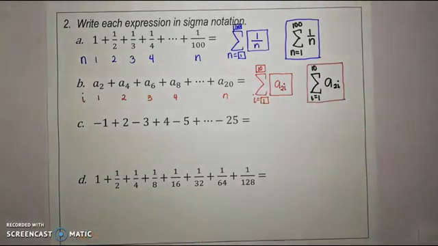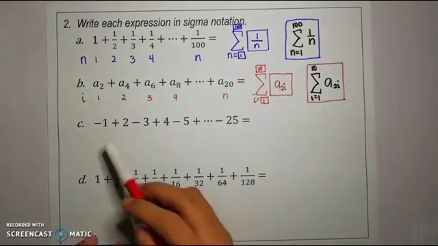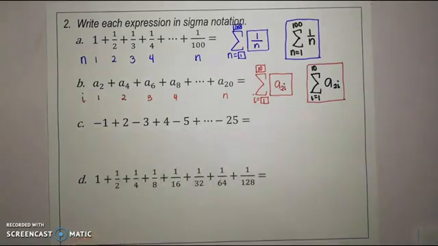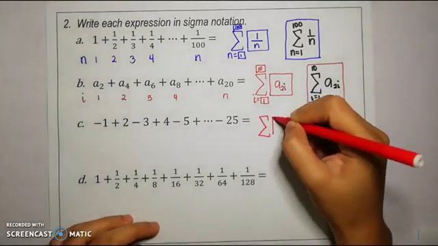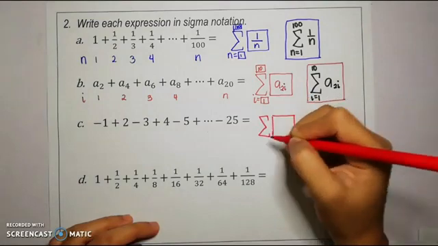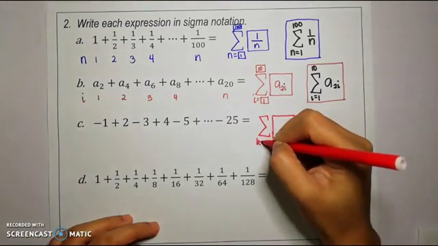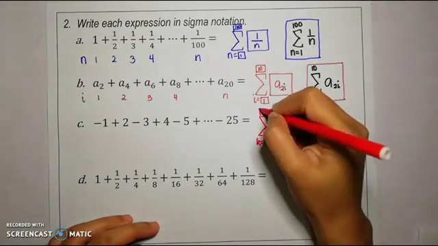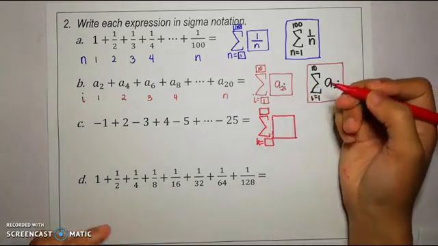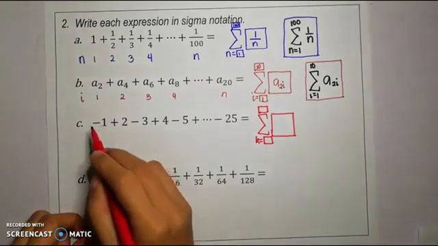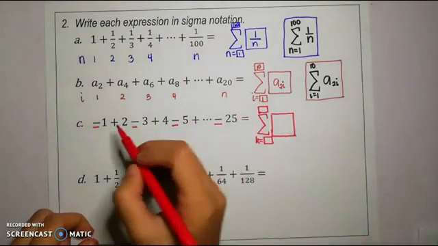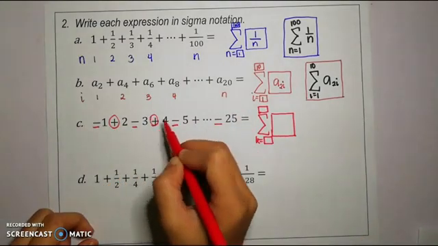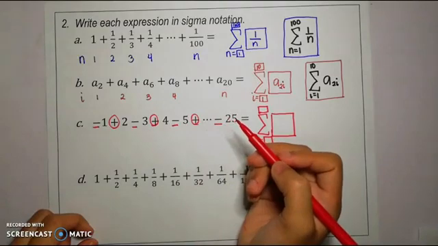For the third example, this is a tricky example because it involves positive and negative signs. So we need to look again for the function or the typical element. This time we will let k be our index of summation, and we will still look for our lower and upper bounds. We can see that there is an interchange of negative and positive signs in our series.